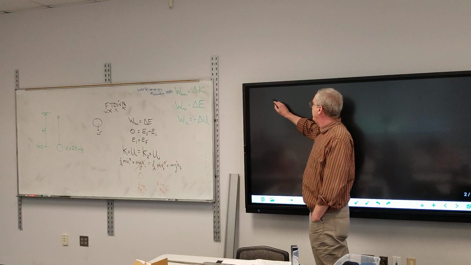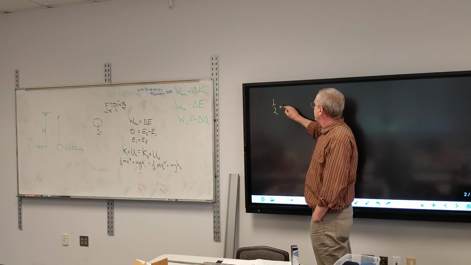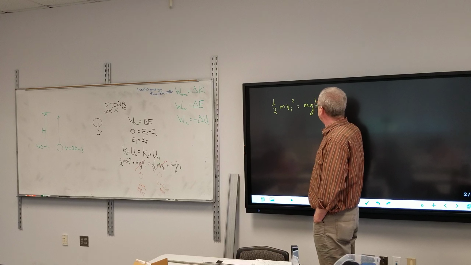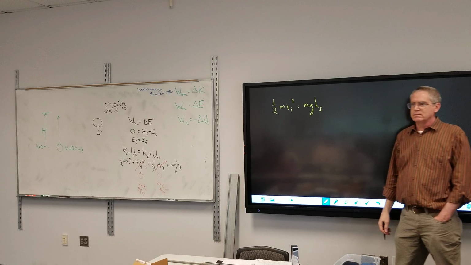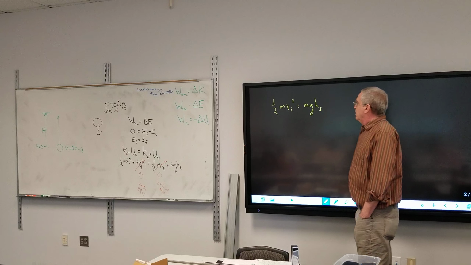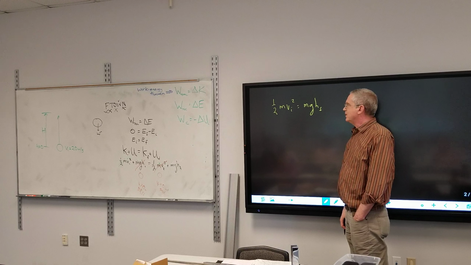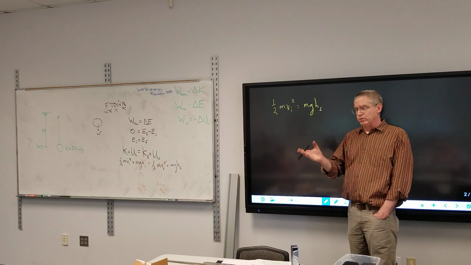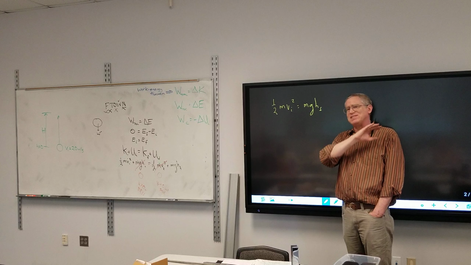All right, so we now have 1/2 m v initial squared is equal to m g h final. Now, we could just plug and chug and solve for h final. Absolutely no problem with that. We can simplify it slightly.